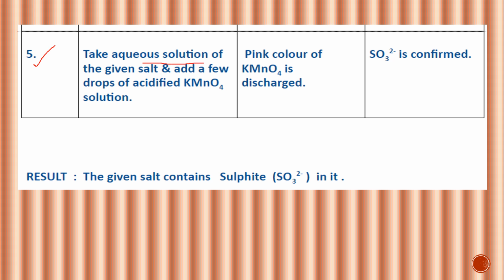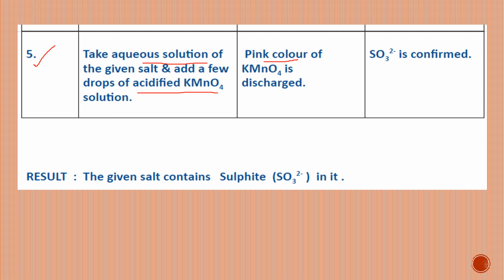Aqueous solution of the salt again we are taking and adding a few drops of acidified KMnO4. Potassium permanganate is dark pinkish in color, and a small quantity of acid will be added to it, because that will make my observation very easy. Because when aqueous solution of this salt, which is sulfite, reacts with acidified KMnO4, the pink color discharges.